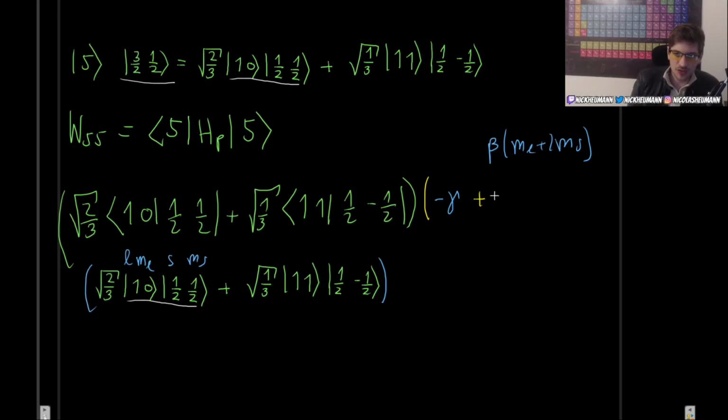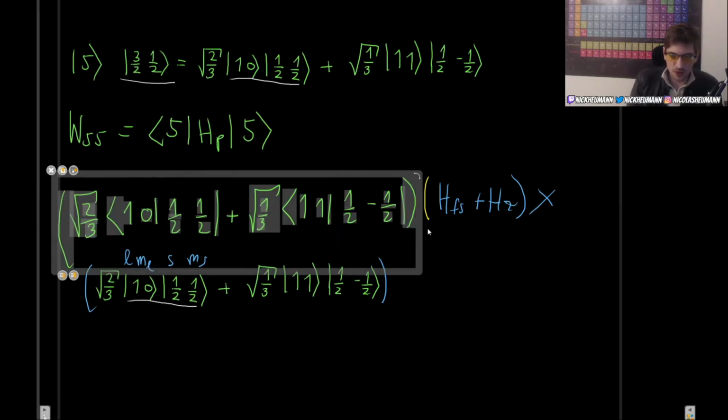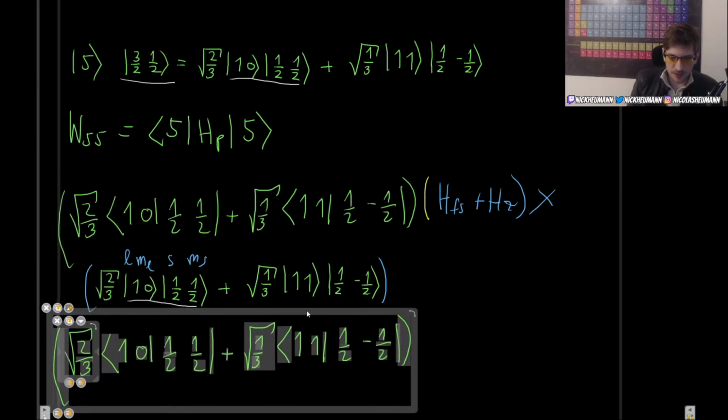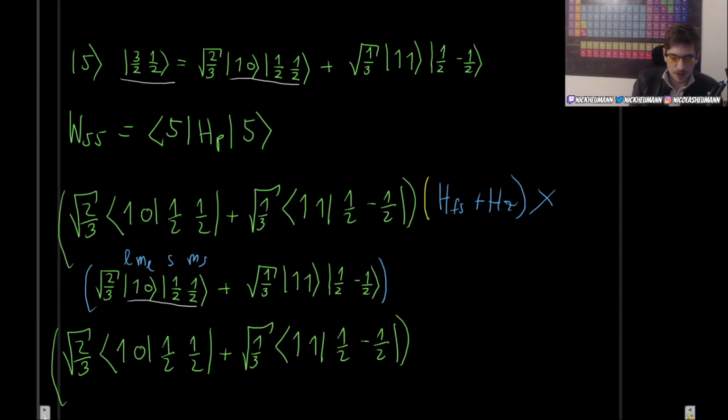Because this is going to be acting on two parts, let me take a step back just to make sure this is as clear as possible. So we had this, H_fs plus H_Z. I'm going to use another line just to make sure that this is super clear, because this is where you might get confused. Okay.